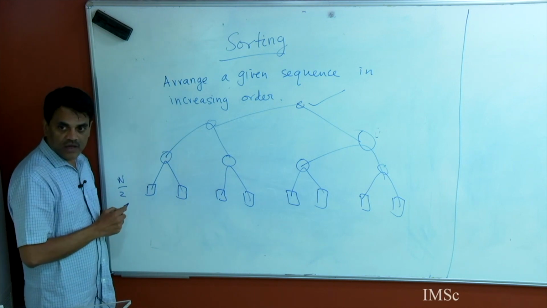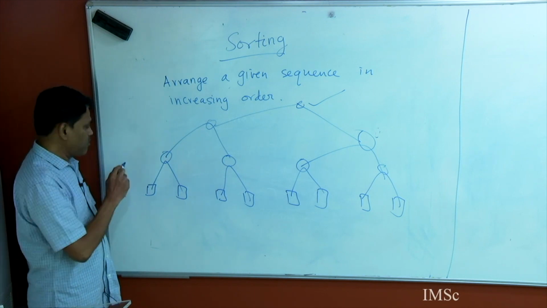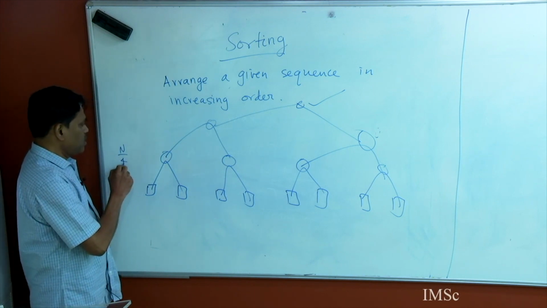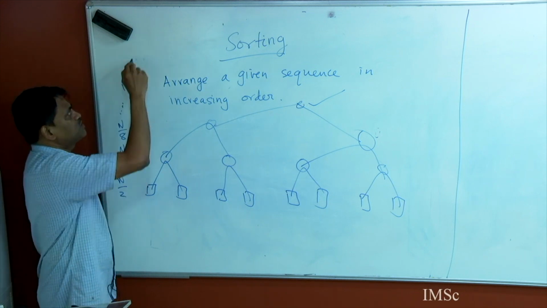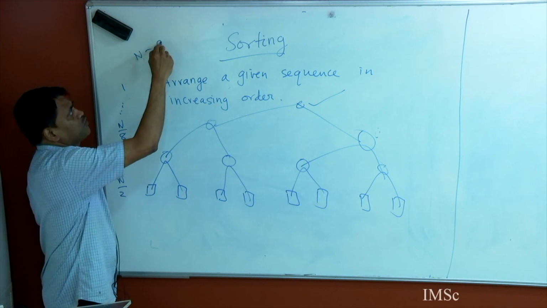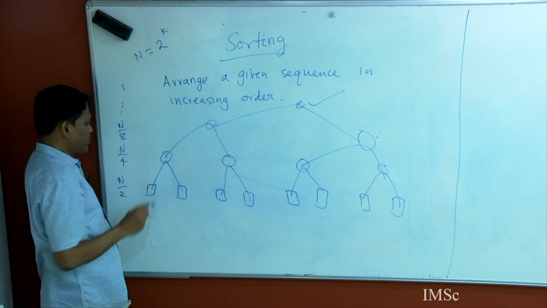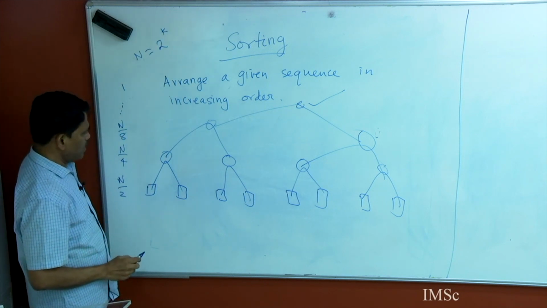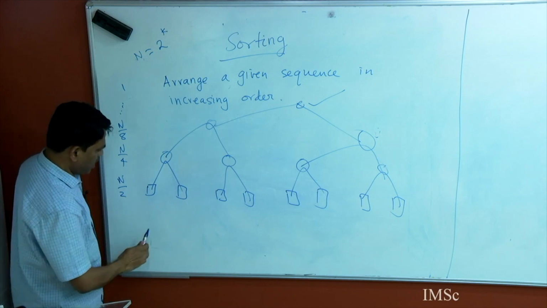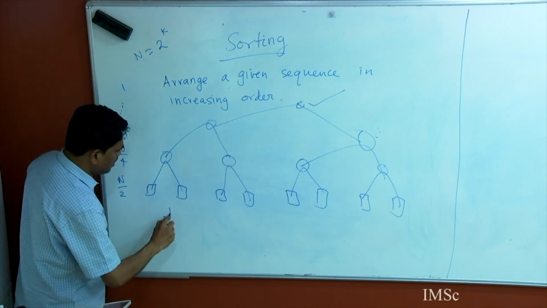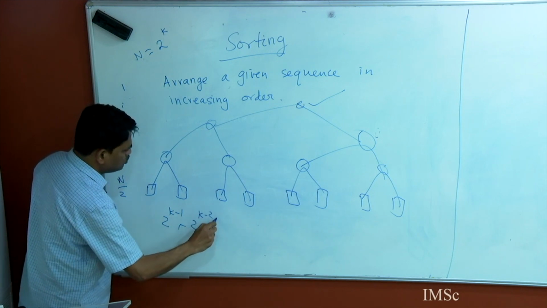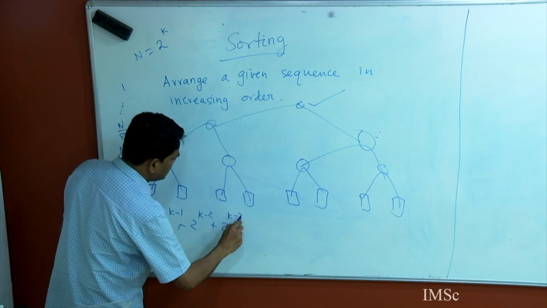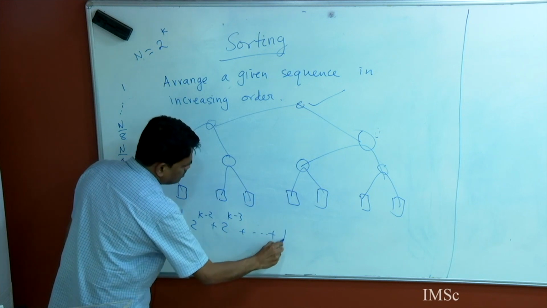Next round, n/4, and then you have n/8, and eventually you got 1. So let's say I said n is a power of 2, so let's assume n is 2^k. Then what I have is 2^(k-1) in the first round, plus 2^(k-2), plus 2^(k-3), and so on, plus 1.